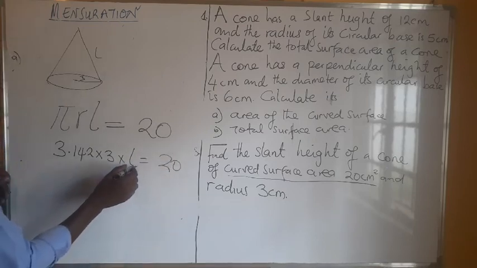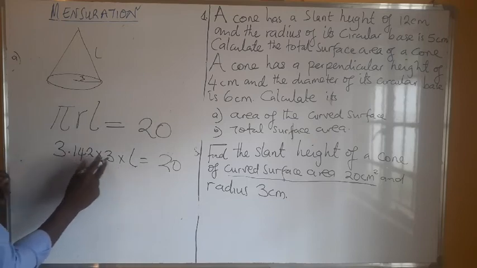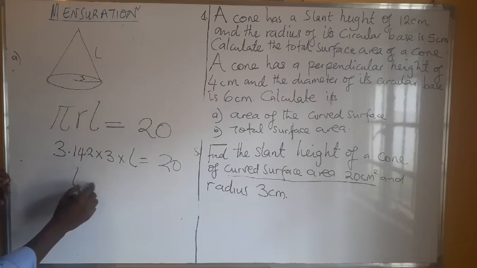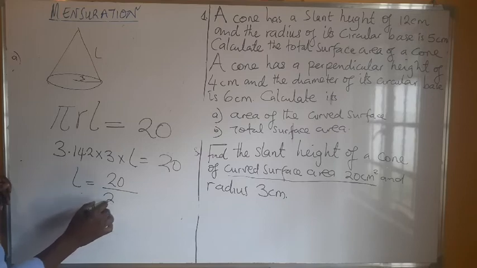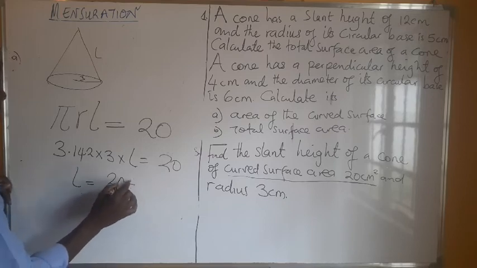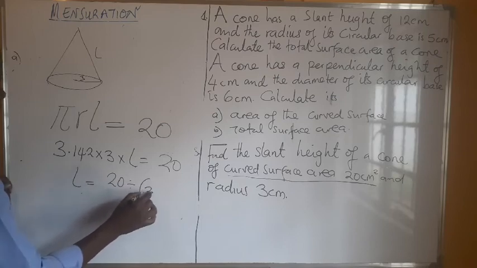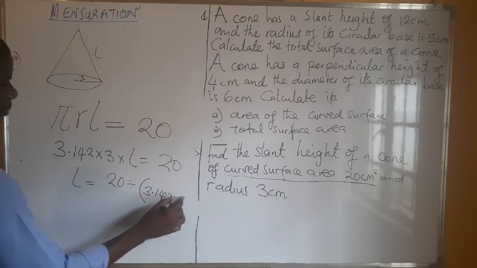To get this one, we need to divide both sides by 3.142 multiplied by 3. So L, which is the slant height, is equal to 20 divided by 3.142 multiplied by 3.